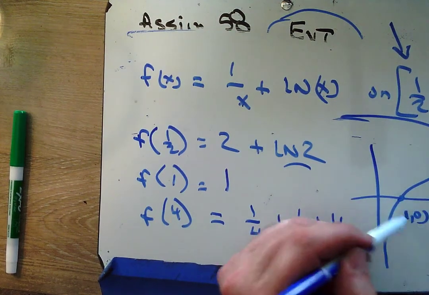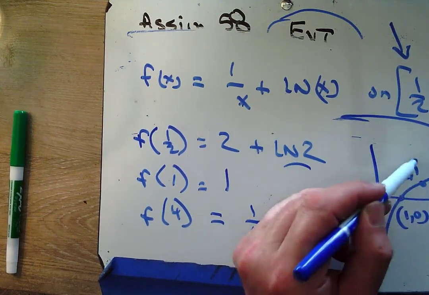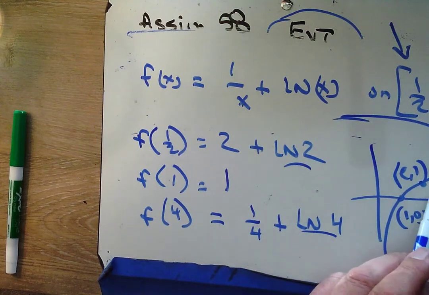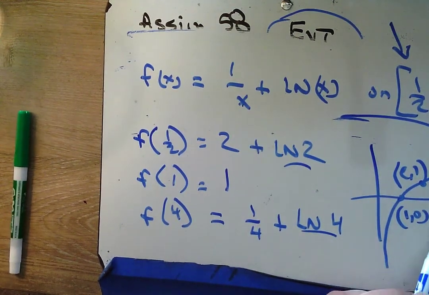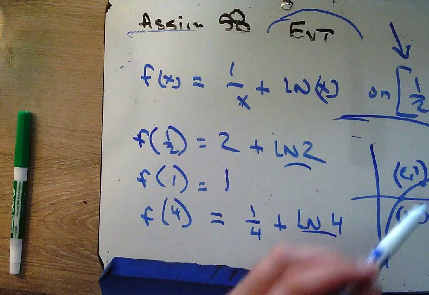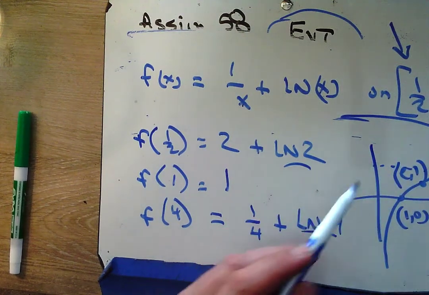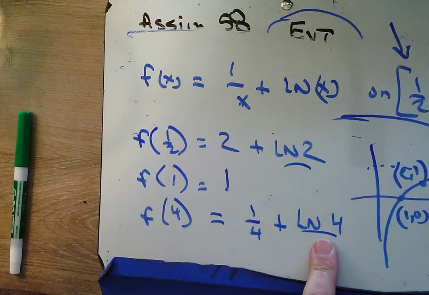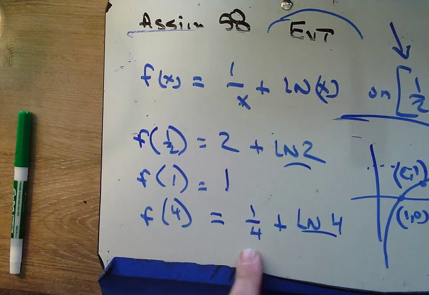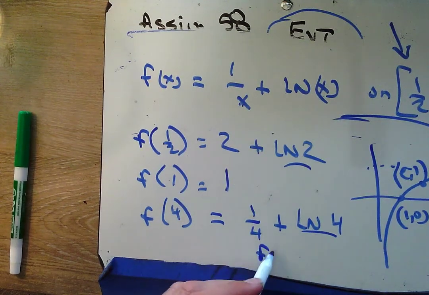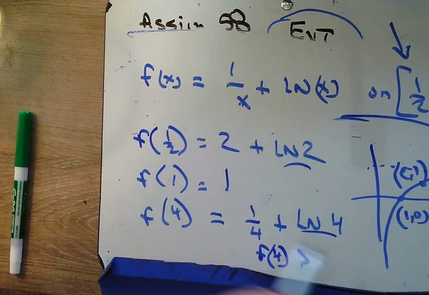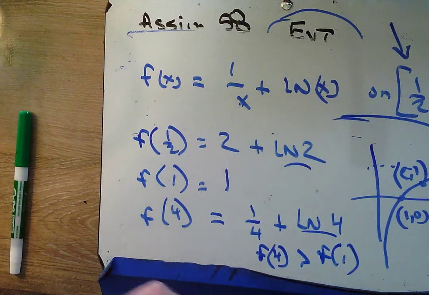So there's 1, 0, and here's e, and 4 is bigger than e. So I know the y value here is bigger than 1. This is bigger than 1 plus 1/4. So I know that f of 4 is greater than f of 1.